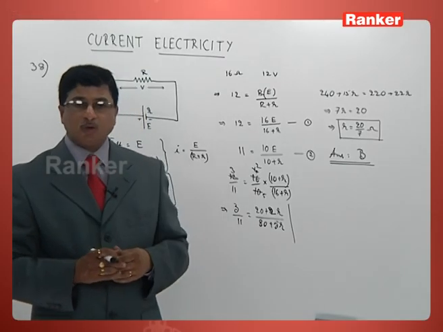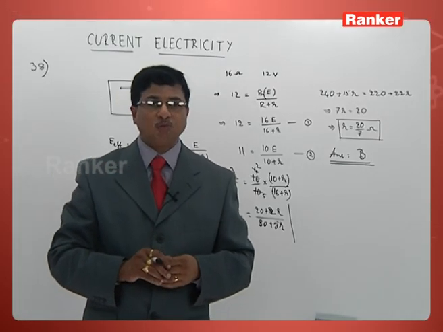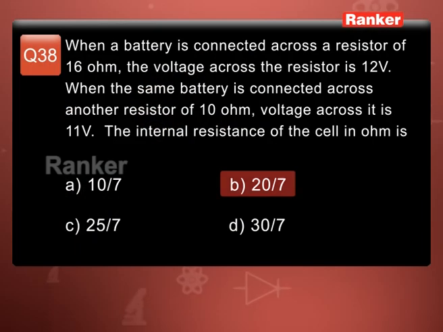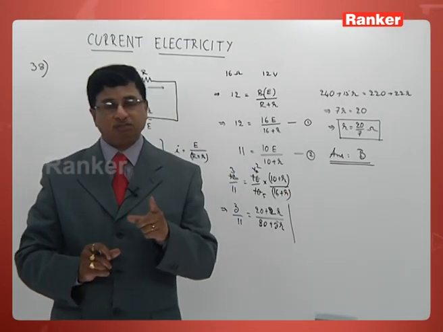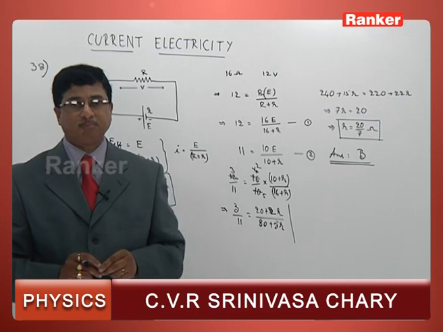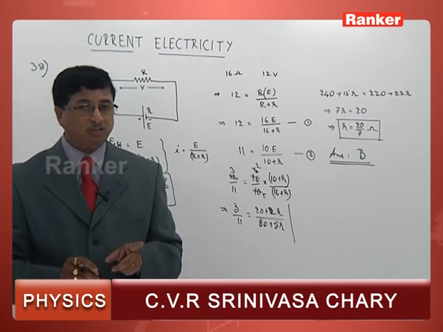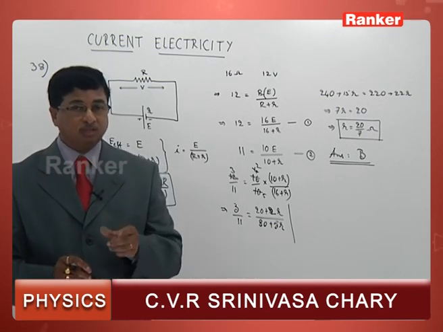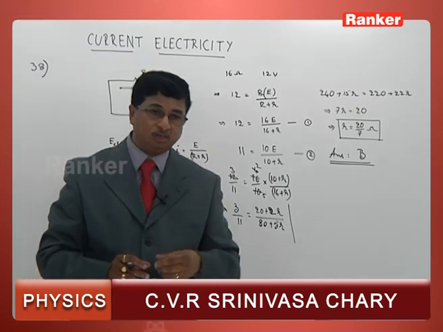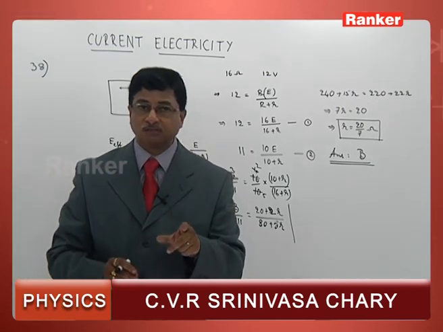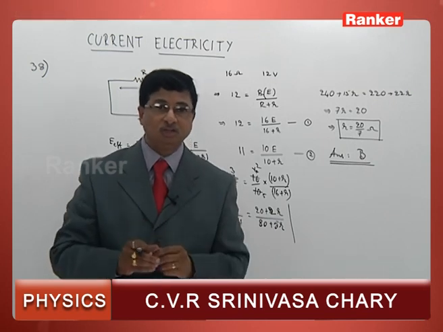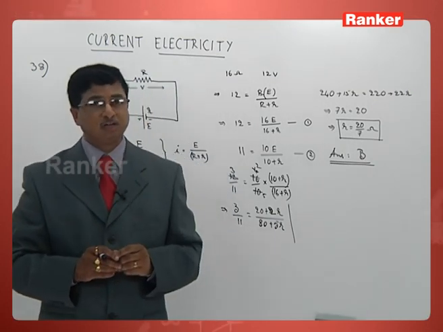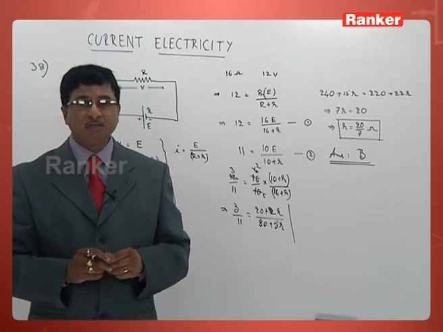So this is problem number 38 what we have, and the correct option for that one is 20 by 7. So remember in this problem, whatever the voltage he is mentioning in each case, that voltage is supposed to be the terminal potential difference across the terminals of that resistance, external resistance in particular. That is the concept you need to understand. So this is problem number 38.